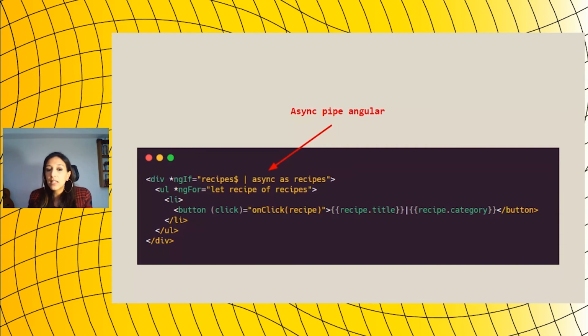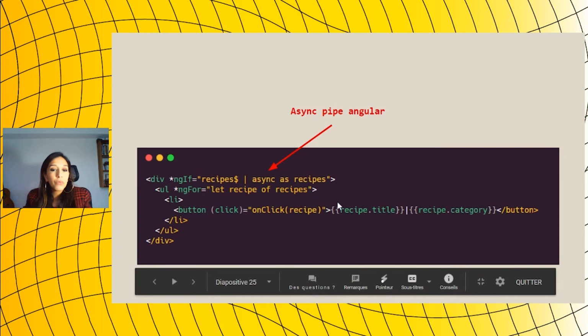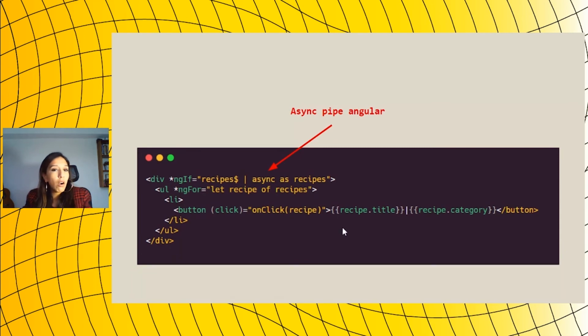The perfect match is the async pipe and the OnPush change detection strategy. So when working with Angular, we recommend changing the change detection strategy to OnPush to limit the change detection cycles triggered by Zone.js.